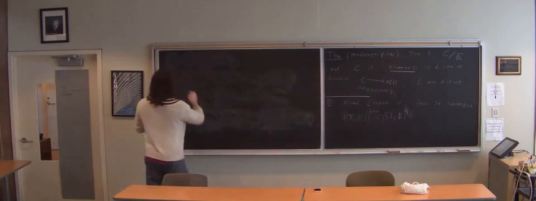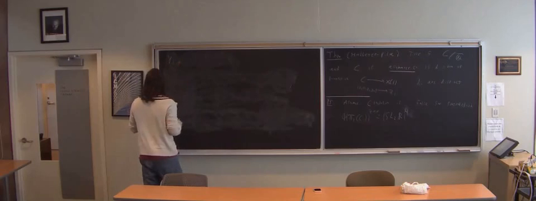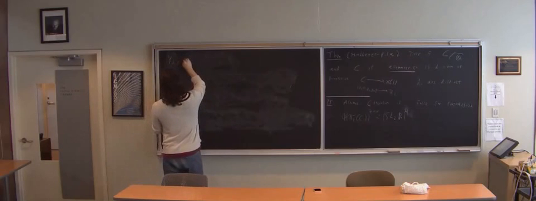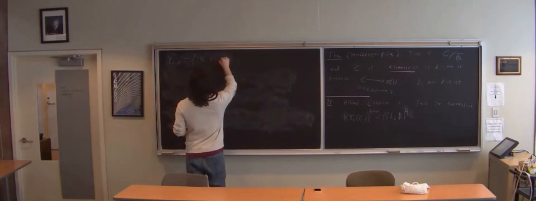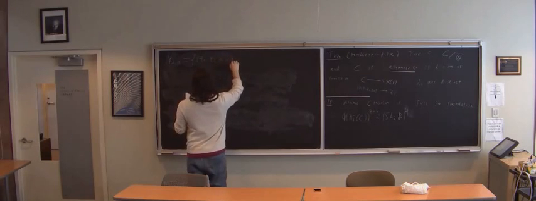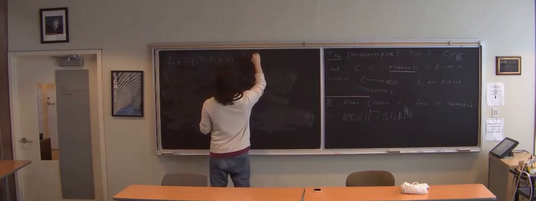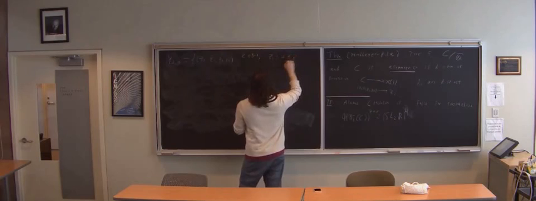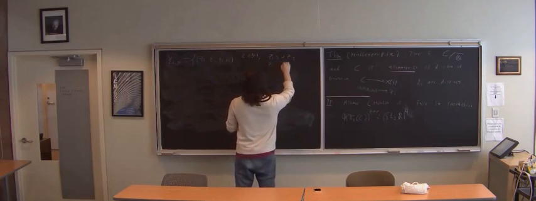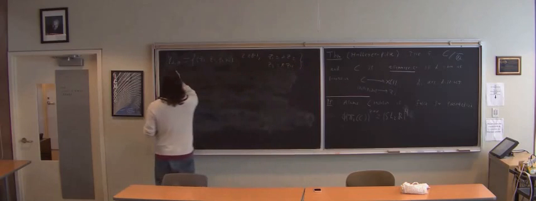Okay? So let's define Y alpha beta to be the set of Z1 through Z4 such that the Zi's are in the upper half plane, and Z1 is alpha Z2 and Z3 is beta Z4.